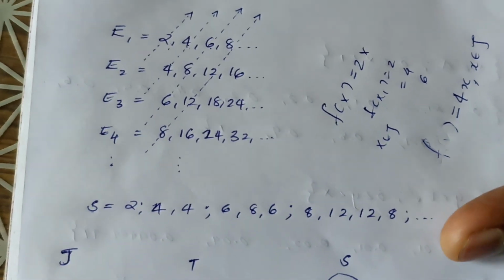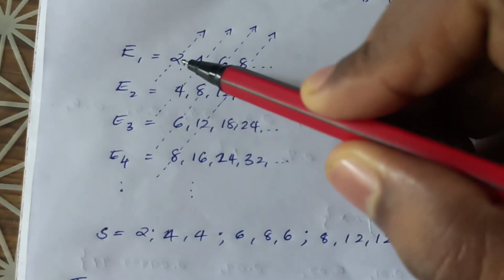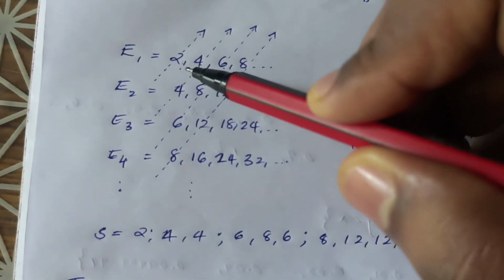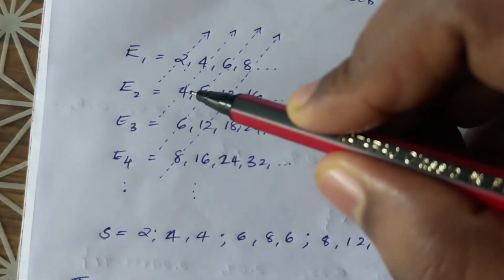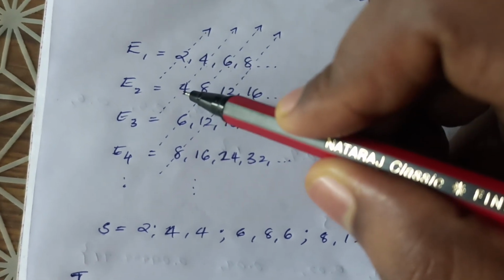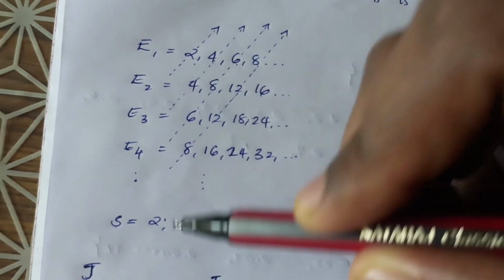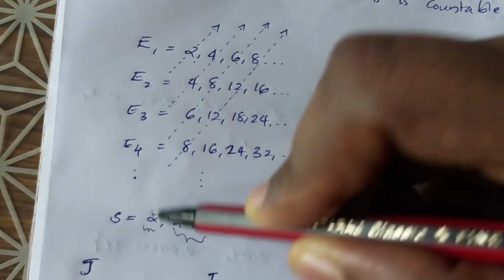Now I am defining a sequence in such a way that in the sequence the first element is 2. Then look at the next arrow. It contains the second element of E1 and the first element of E2, right? 4, 4. The second element of the sequence is 4, 4. The first element is 2.